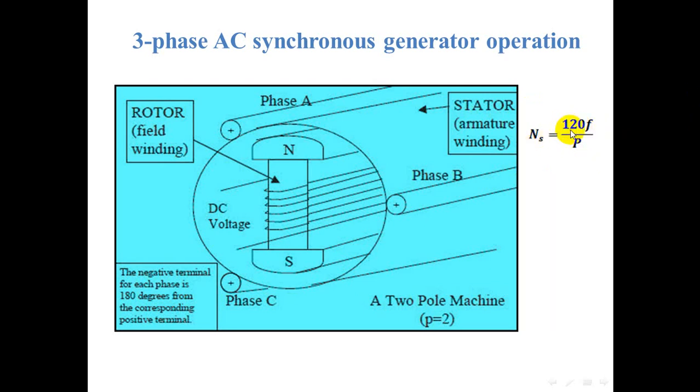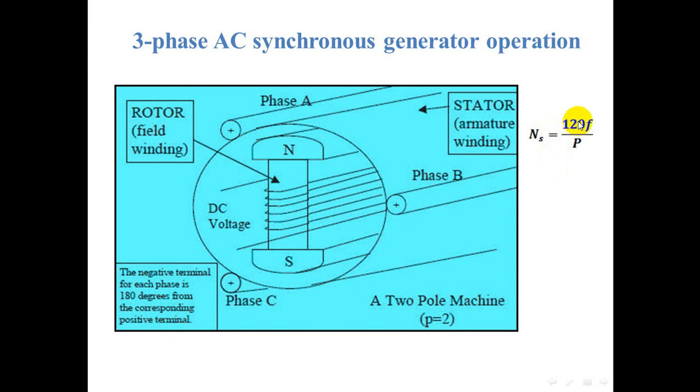120 is the rotation of the phase from A into B, then into C, measured 120 degrees.